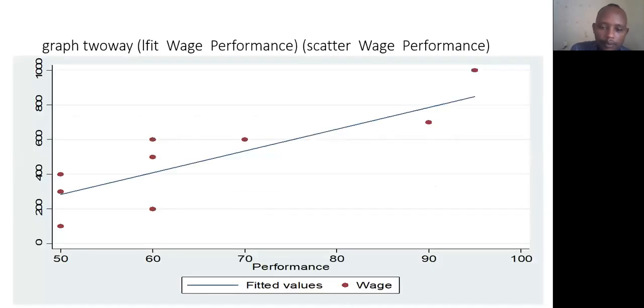Look at here. Fitted value is the level of performance. When the level of performance increases, what is happening to the level of wage? Wage is also increasing. Therefore, performance is a significant variable.